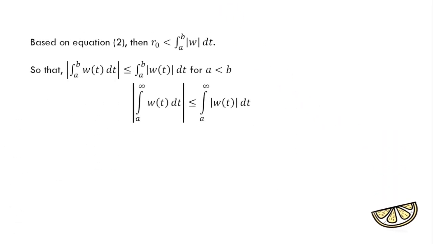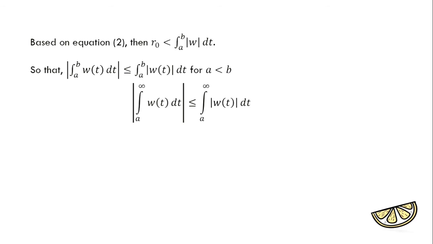Based on equation 2, r0 is less than or equal to the integral of the absolute value of w dt from a to b, so that the absolute value of the integral of w(t) dt from a to b is less than or equal to the integral of the absolute value of w(t) dt from a to b for a less than b.